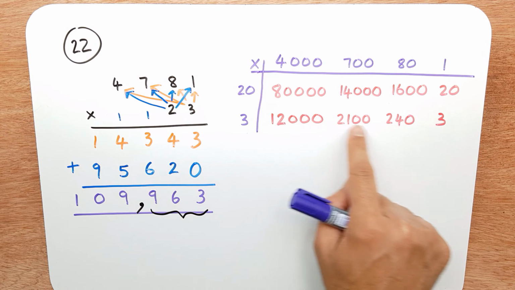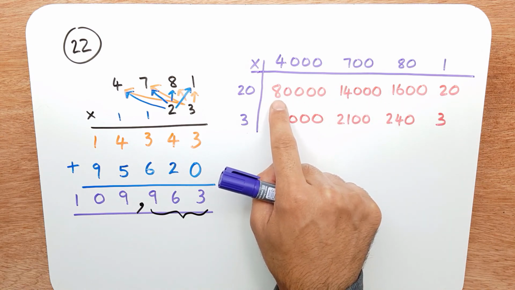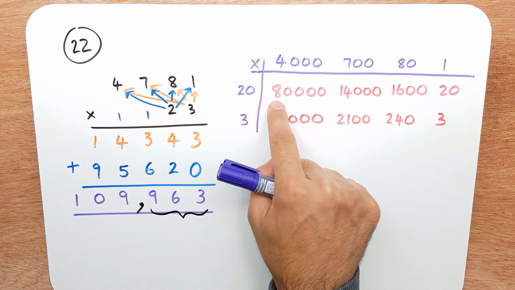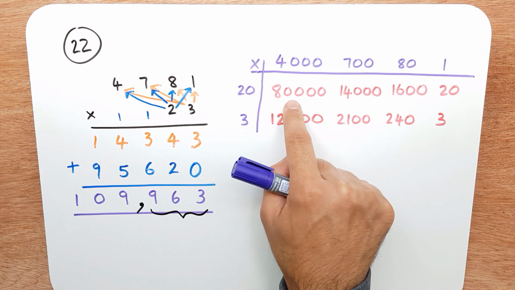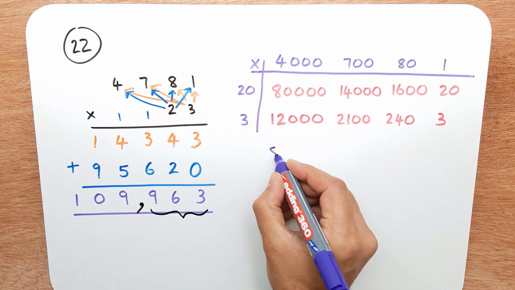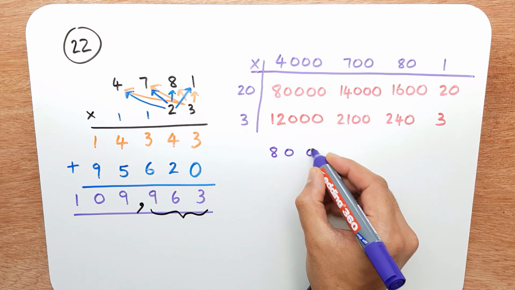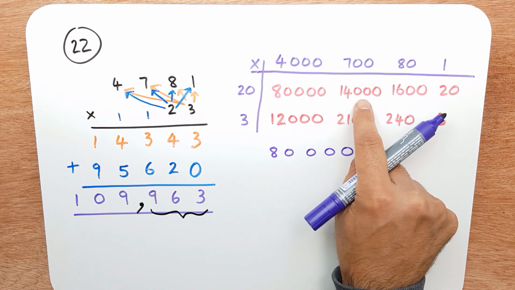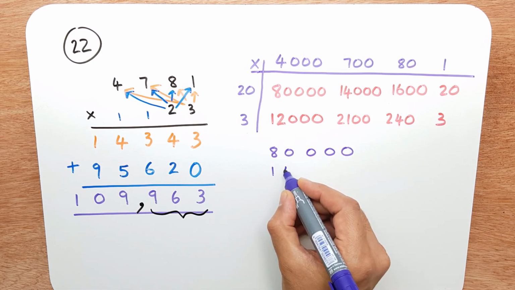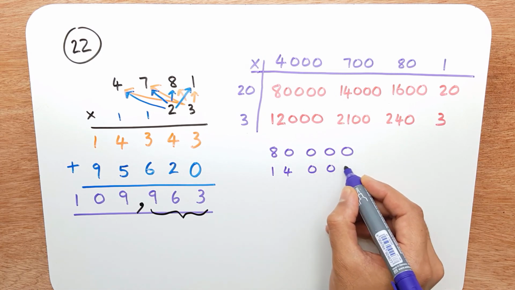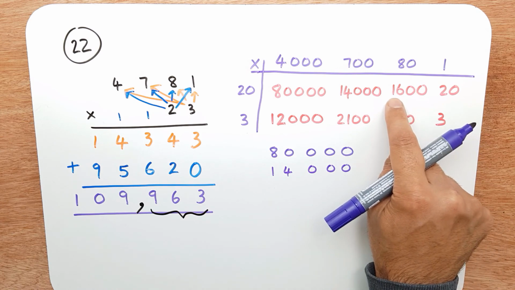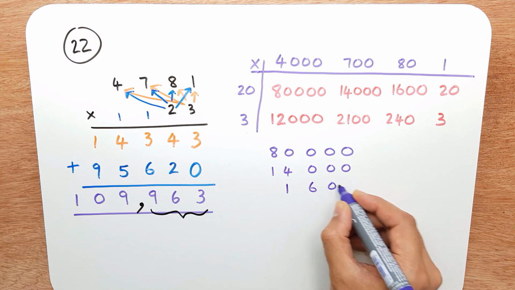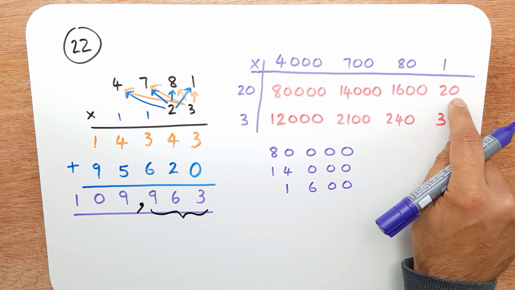Now we have to add all these numbers carefully. Make sure we line everything up carefully. So let's start with this number. 8 and 4 zeros, so that's 80,000. Then we do 14,000. Then we do 1,600. Then we do 20.